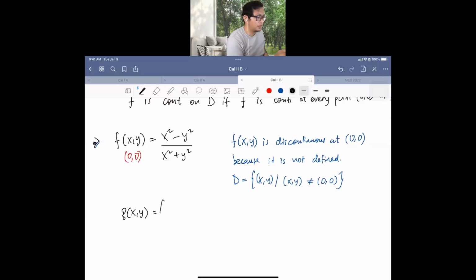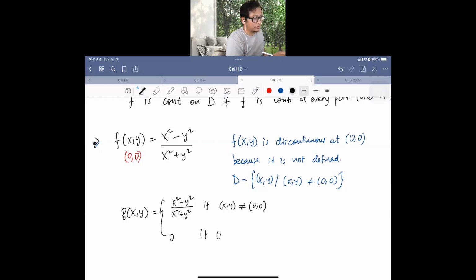We can let this become two definitions. It could be 0 if (x, y) equals 0, 0, and the original expression if (x, y) is not 0, 0.